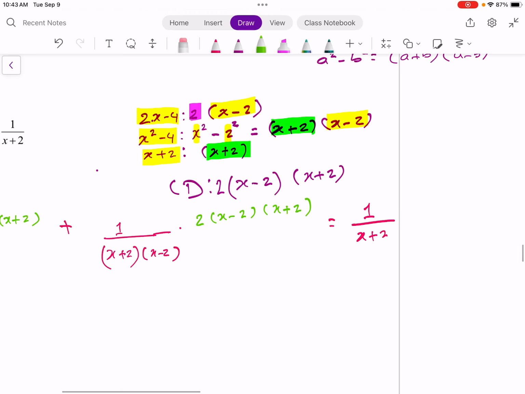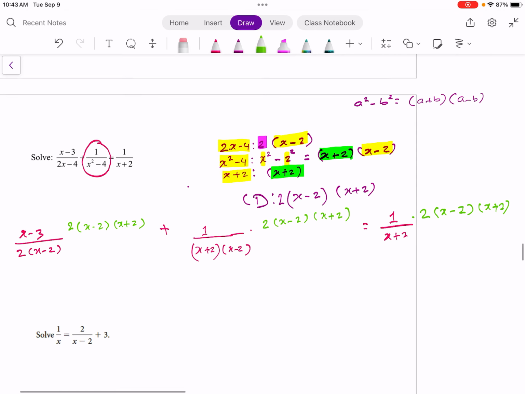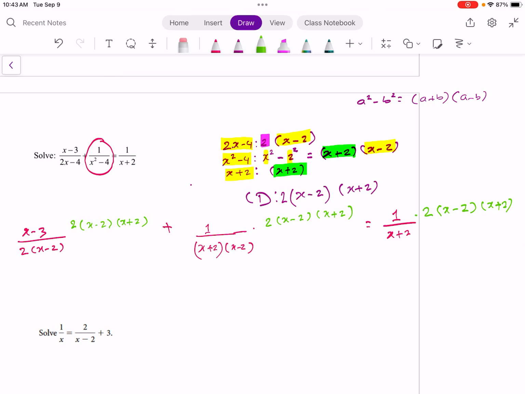Multiply this by the common denominator, 2 times x minus 2 times x plus 2. It looks like a lot here, but once you have an idea of factorization and how to find the common denominator, you use that common denominator to multiply each expression on both sides.